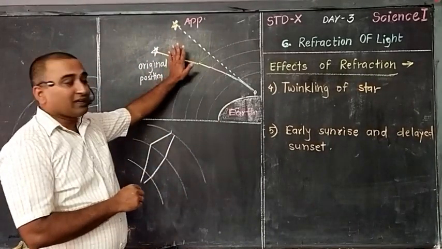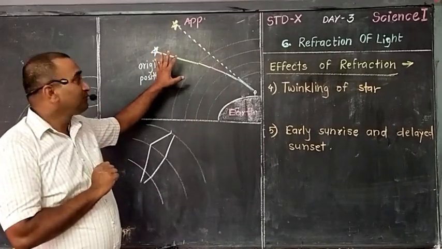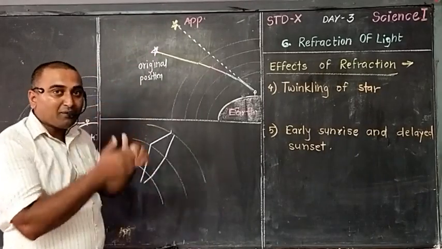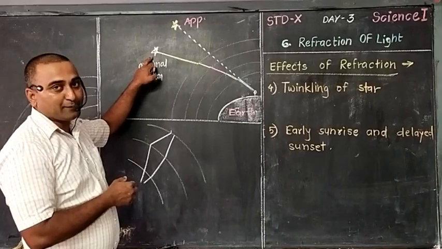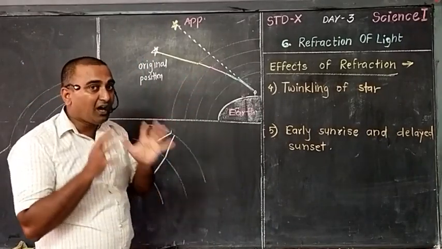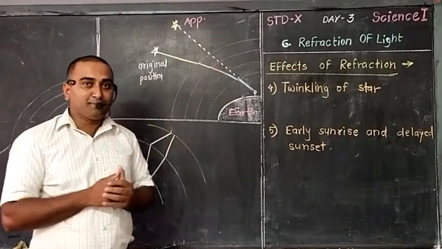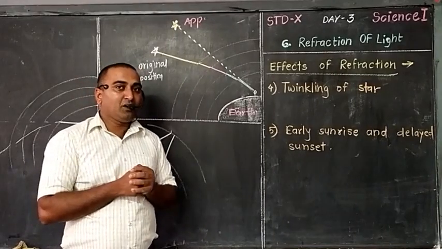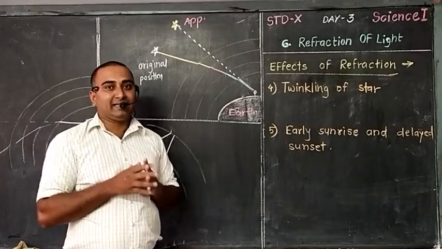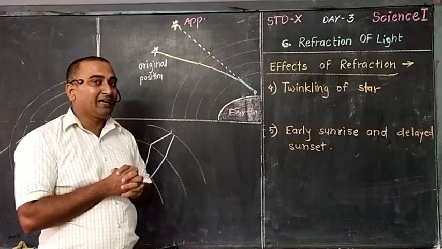So it is not a twinkle, it is the twinkling of a star. This apparent shift is one effect, since we observe the star above its original position. But actually twinkling is happening because of refraction. I am explaining now how. Though the mediums are different, the medium is not stable, because air is a fluid and it moves, and as movement is there, temperature plays a very important role, and concentration also plays an important role.